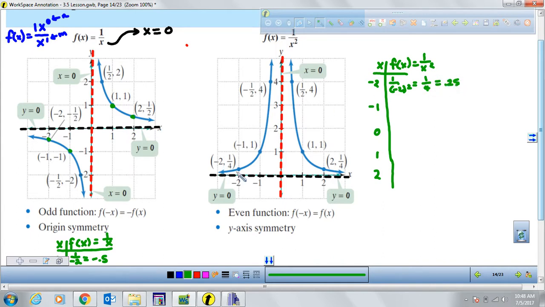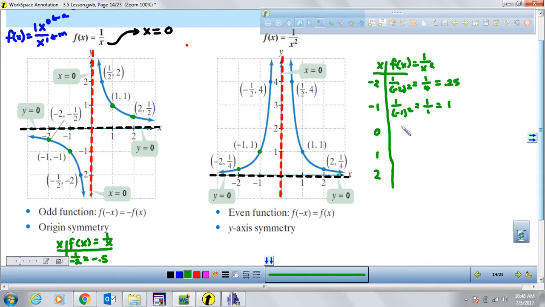So at -2, you see that the value of y is 0.25, right there. When x is -1, it would be 1 over -1 squared, which is 1 over +1, which is 1. So -1, +1, that's what we see here. Then you see that now if we connect these points, the graph keeps on going up right here. So when the graph gets close to the vertical asymptote, it's going to slant vertically upward. And when the graph gets close to the horizontal asymptote down here, it's going to slant horizontally to the left.